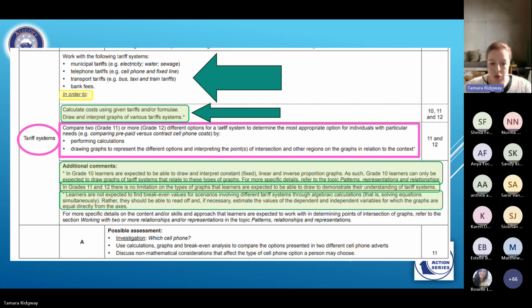We want them to read it off, or here it says they should be able to read off and, if necessary, estimate the values from the graph. And then further on, you'll see that if you do go into the CAPS document for simultaneous equations, it will tell you that they can work with two equations, but through substitution.